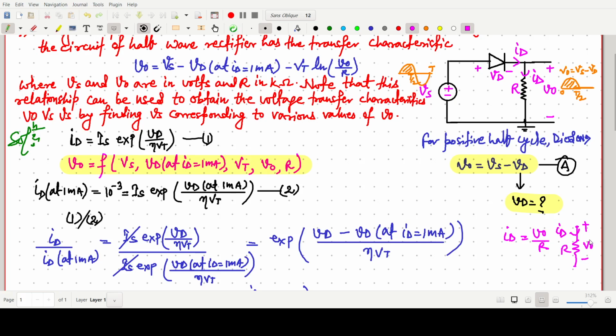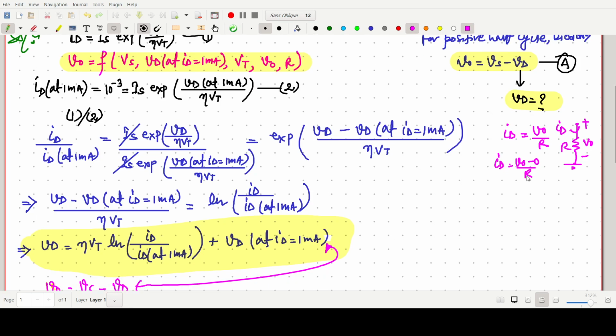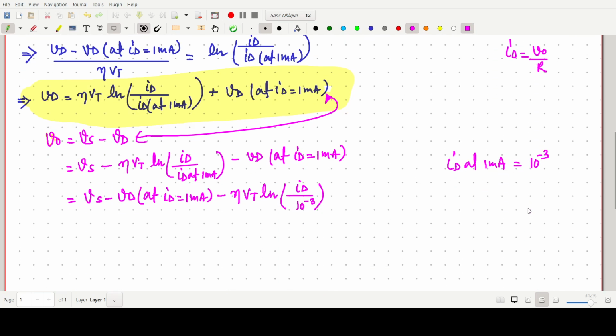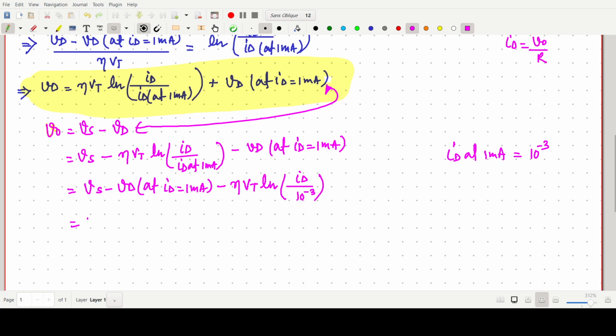So Id equals V naught minus 0 by R, so Id is simply V naught by R. So once again we can write minus Vd at Id equals 1 milliampere minus eta Vt, Id equals V naught by R, and the R is given in kilo ohm in the question.